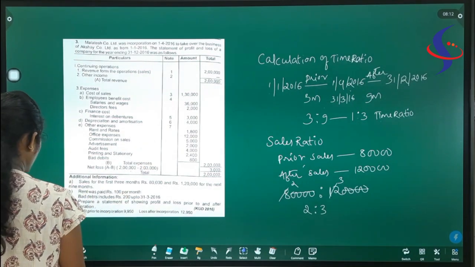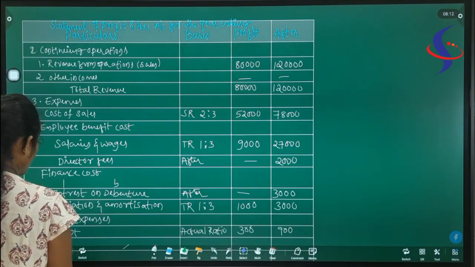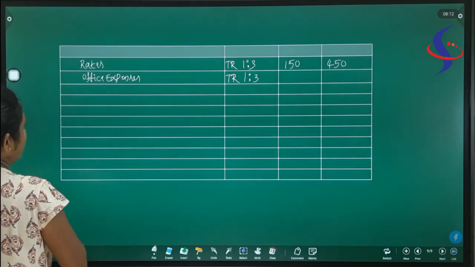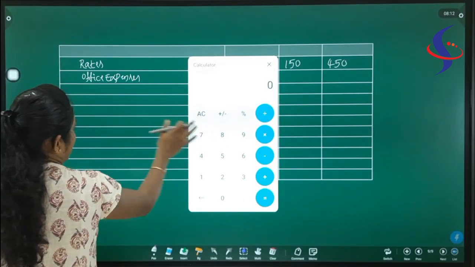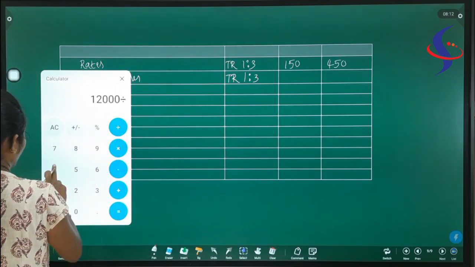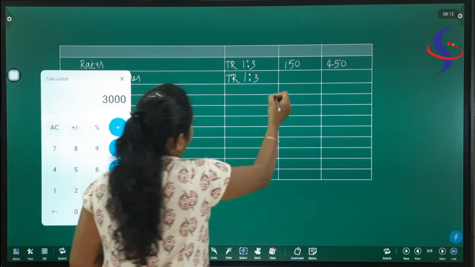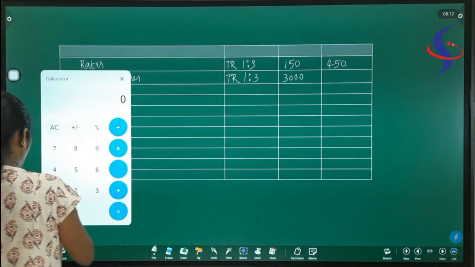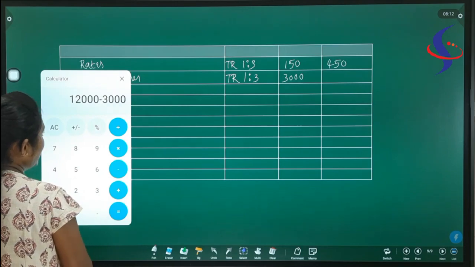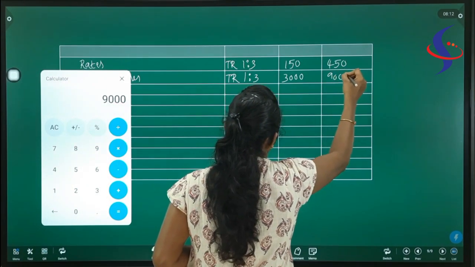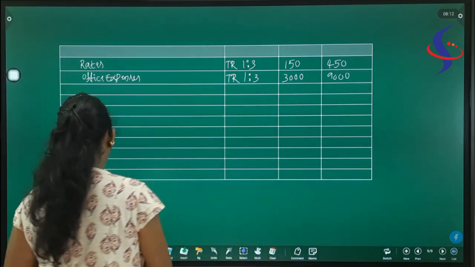It is 12,000. Divide 12,000 using the calculator with time ratio, 12,000 into 1 divided by 4. It is 3,000. From 12,000, if you remove 3,000, this 9,000 will be for the after period.